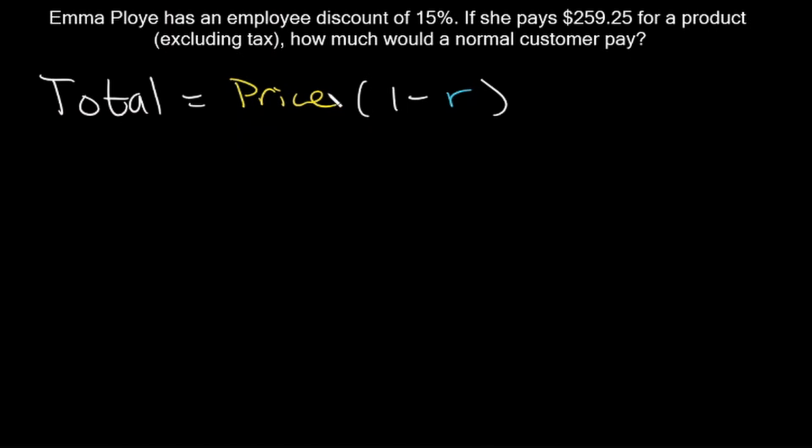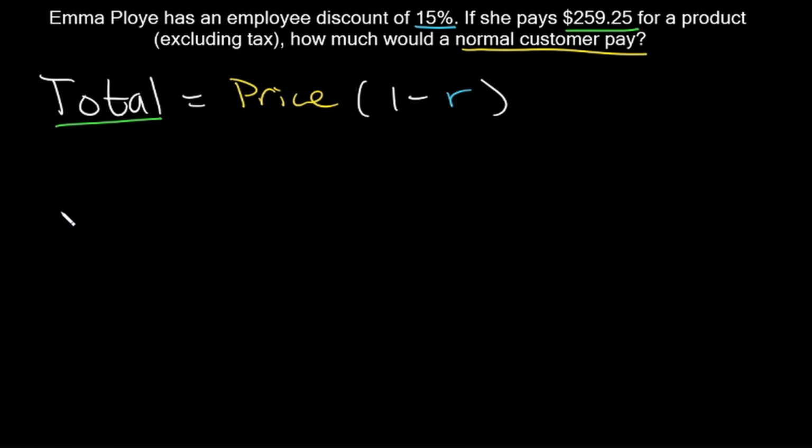So now let's plug in what we know and see if we can solve for the missing piece, which is going to be the original price, which is in yellow here. So let's actually underline that in the problem. And then our total, let's actually put that in green just so we can differentiate it, is going to be $259.25. And then we can see the discount, which is our R value here, is going to be 15%.